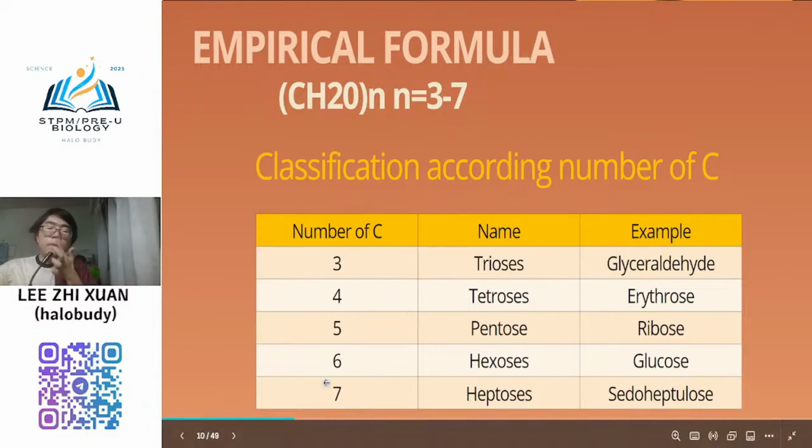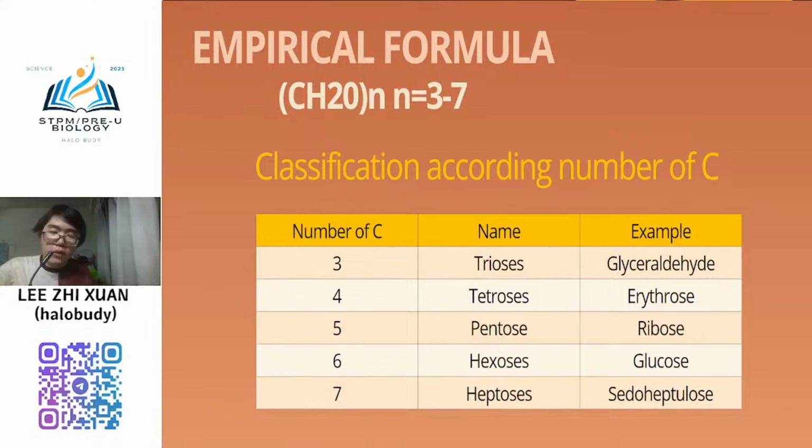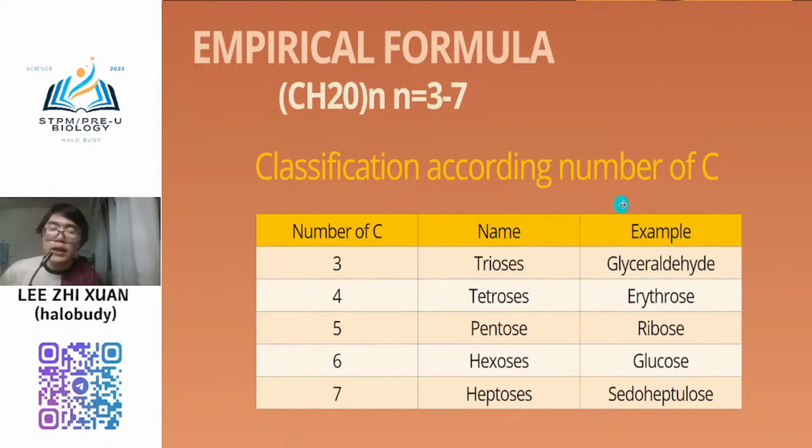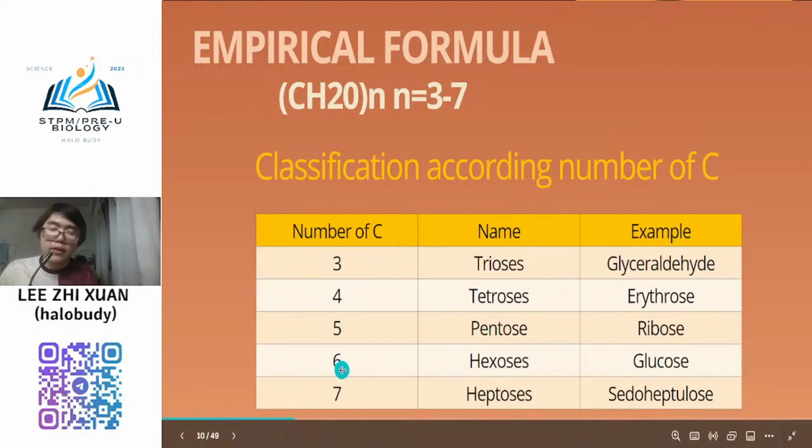Normally in general, as we know, glucose has 6 carbon atoms. So if we classify according to the number of carbon, the monosaccharides with 3 carbon are known as triose, 4 carbon tetrose, 5 carbon pentose, 6 carbon hexose, 7 carbon heptose.